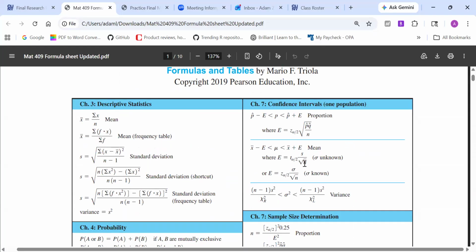We're using critical t-score, t-distribution, and our margin error is this. After we find the margin error, we use sample mean minus margin error to get the lower limit, and sample mean plus margin error for the upper limit.